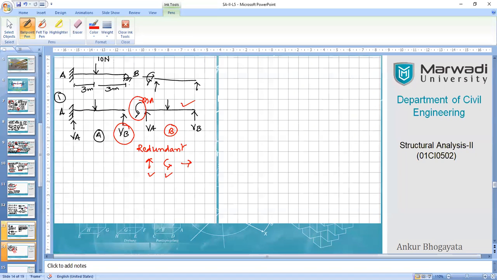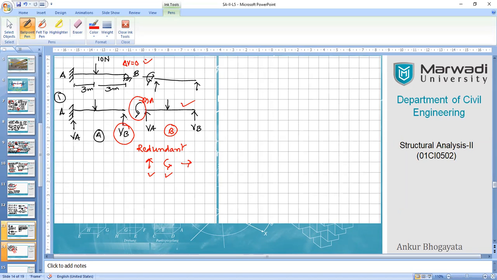But in the original structure, what is the condition? The condition of stability of the joint is that there may be a rotation, but there cannot be any deflection in the vertical direction. That is the requirement here. So this becomes your compatibility requirement. If you want to achieve a simply supported beam over here, you must satisfy this.